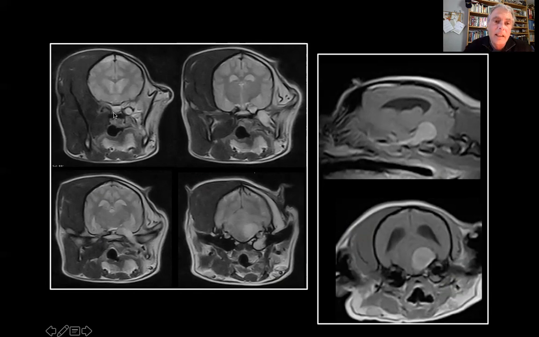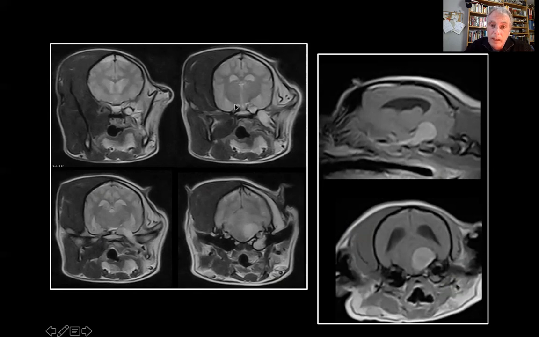But we can identify structures that we have seen before. At the level of the orbital fissure, there is a mass, so this may be affecting many cranial nerves, of course, but in this case the ophthalmic nerve.